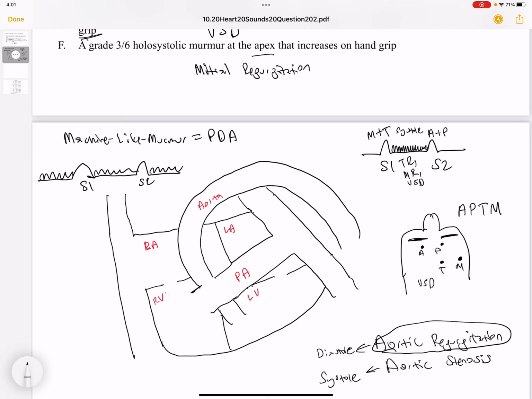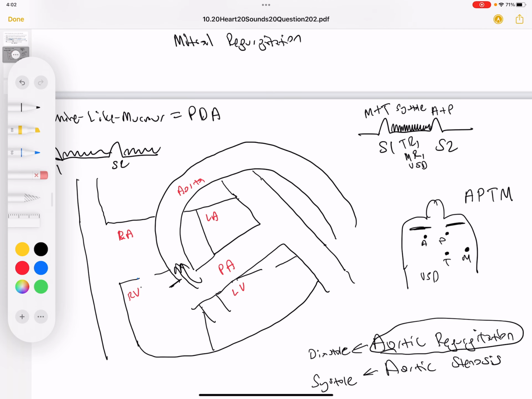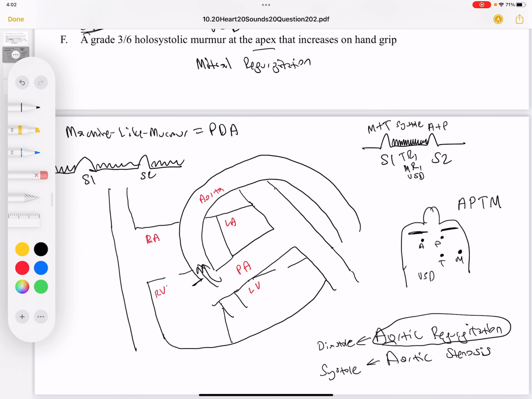It is going to connect the pulmonary artery to the aorta. So there's going to be flow of blood going from the pulmonary artery into the aorta. If this ductus arteriosus does not close, then we call that patent ductus arteriosus.